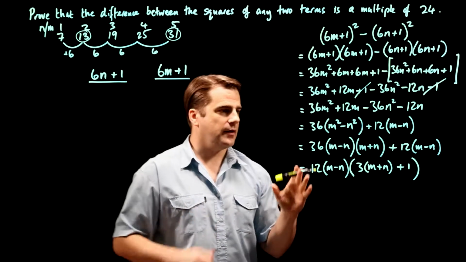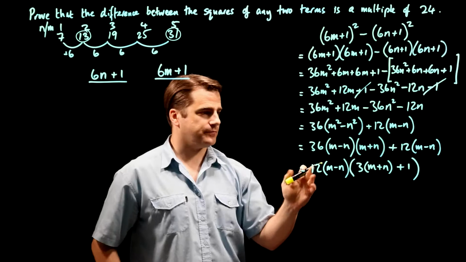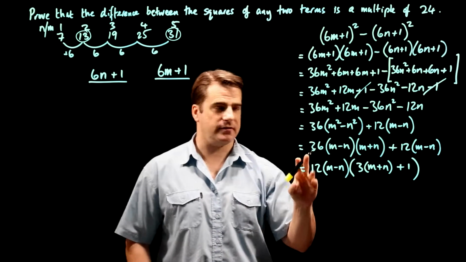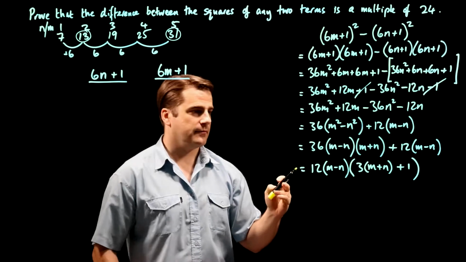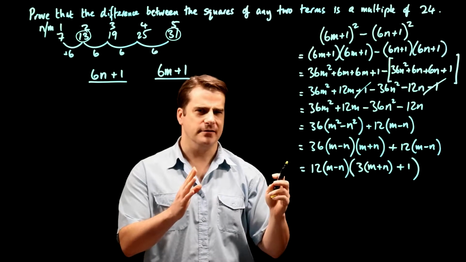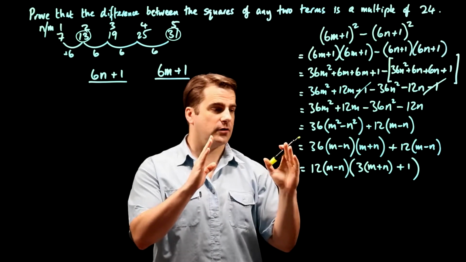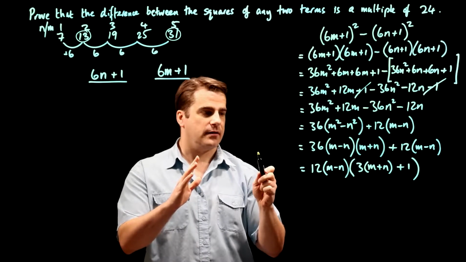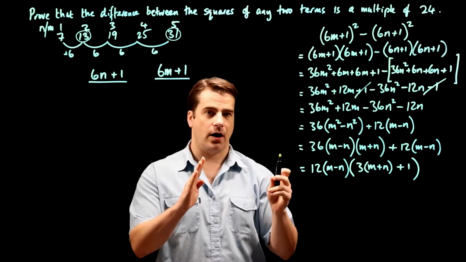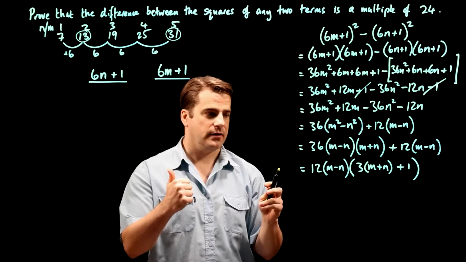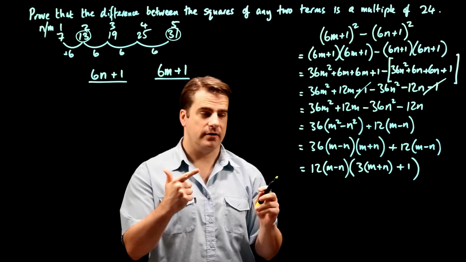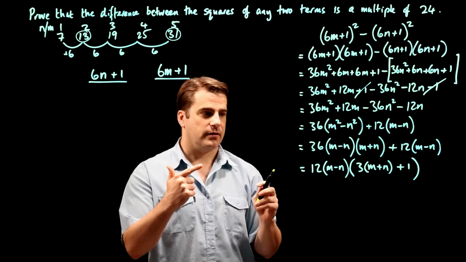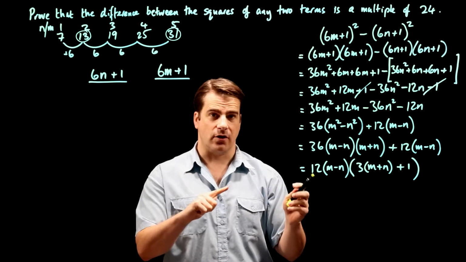Right. In situations like this, where you have two variables, in this case m and n, consider the case where m and n are both even, m and n are both odd, and one's even and one's odd.